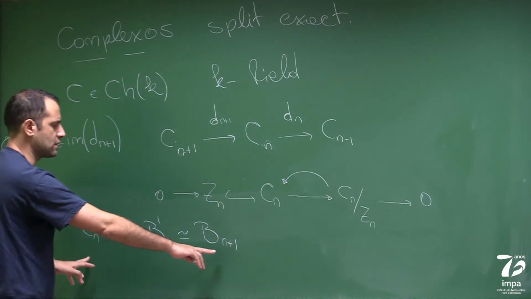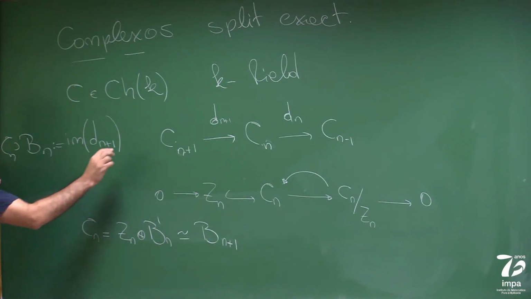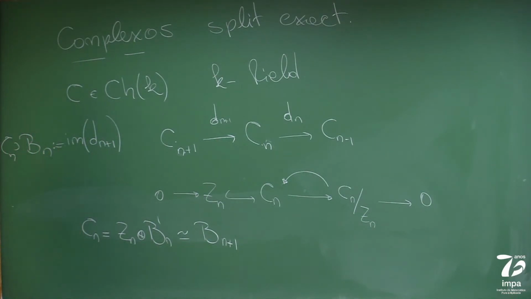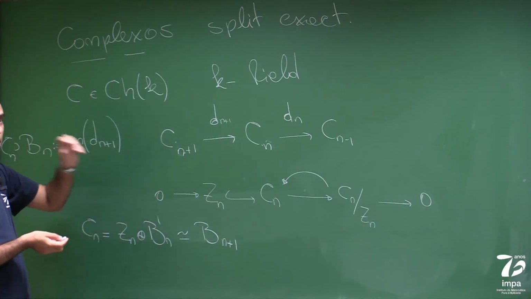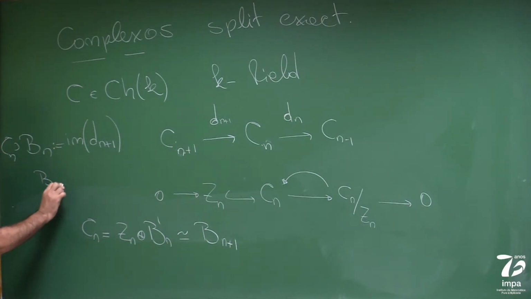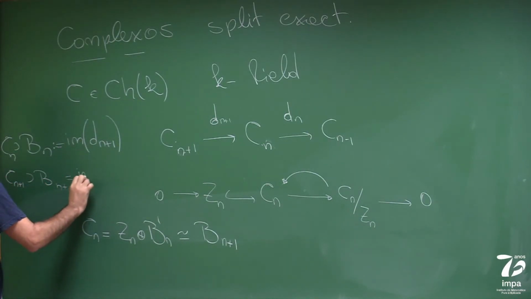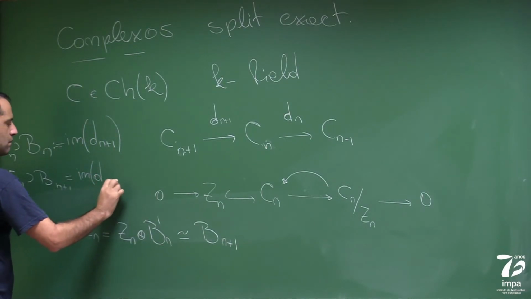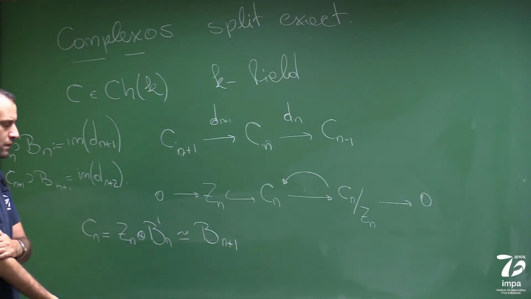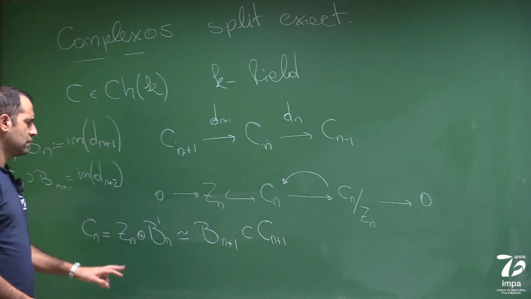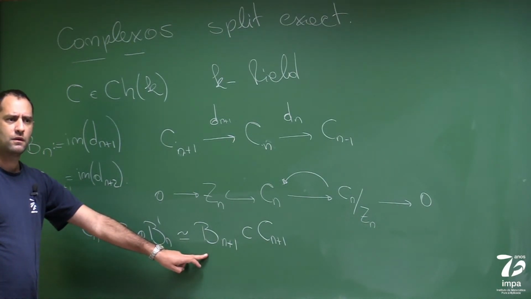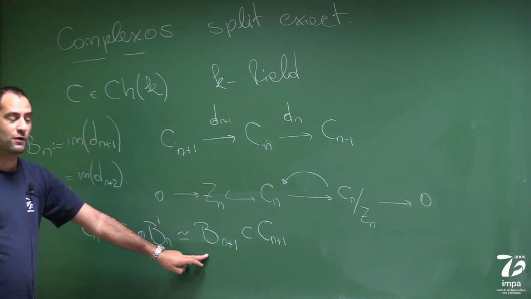By this definition, shift everything by 1, and you'll see that B_{n+1} is a subspace here that is the image of D_{n+2}. Is this isomorphism here clear? Or can anyone prove to me why these are isomorphic?